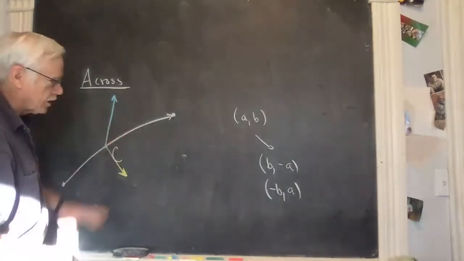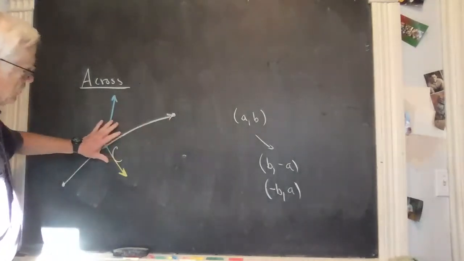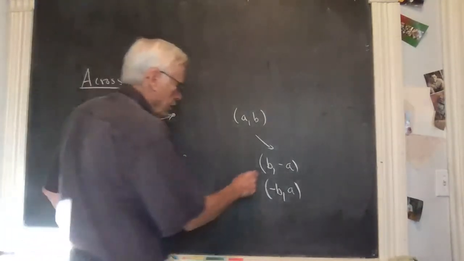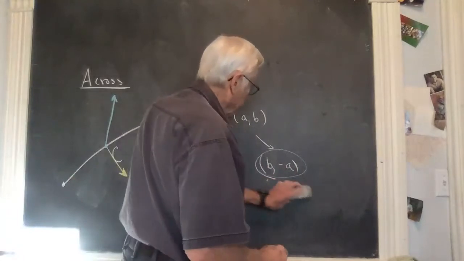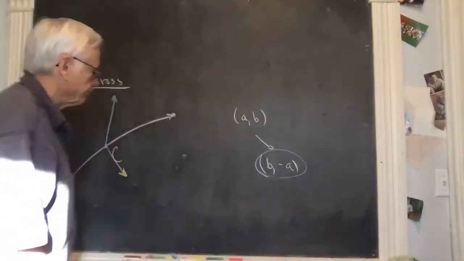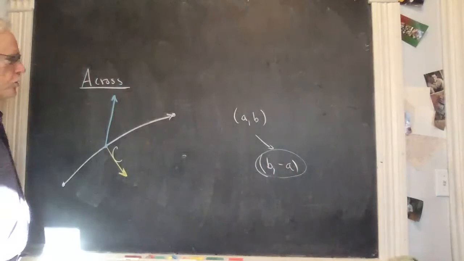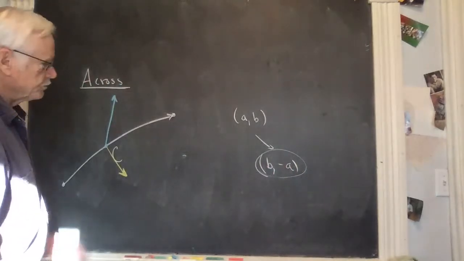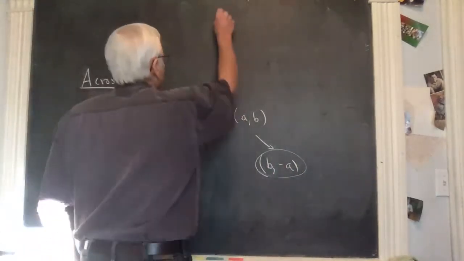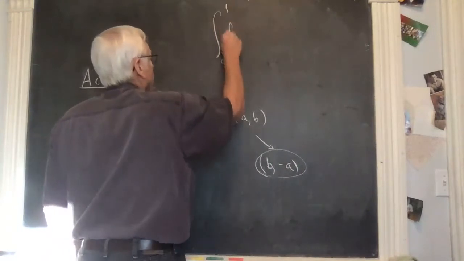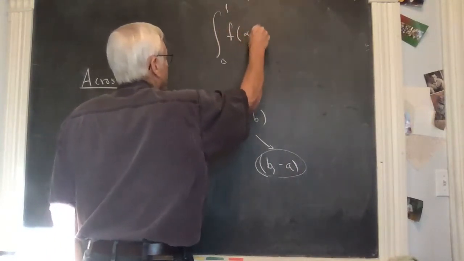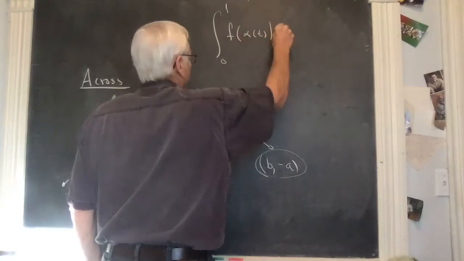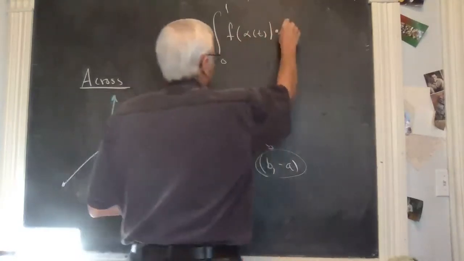We'll use the left-hand rule, which means that we do this one. So this is the left-hand normal, but we'll do the same thing. We'll integrate 0 to 1, the force of alpha of t, but this time we'll take a dot product with n.